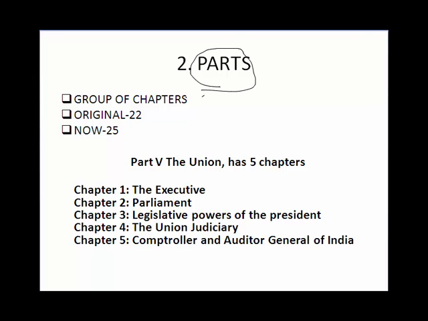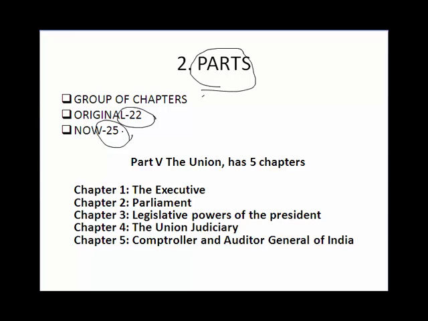So in a book chapters will be grouped into some parts. Here also same thing in our constitution. Our constitution is made into how many parts? 22 major parts. Originally there were 22 parts, now it has been increased to 25.